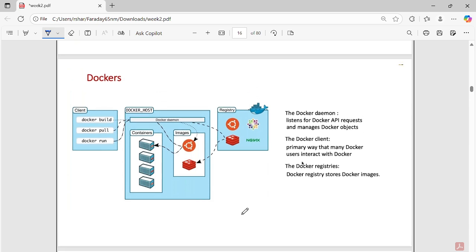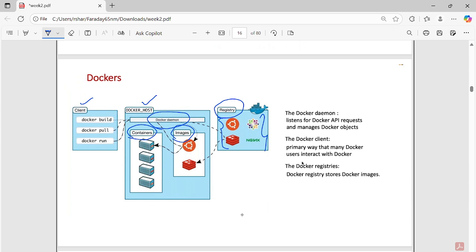Now we have this client, and this is a Docker host, and the host will have a lot of containers, and we will have a lot of images, and this is controlled by a Docker daemon. And then we have a registry from where the Dockers can be pulled.